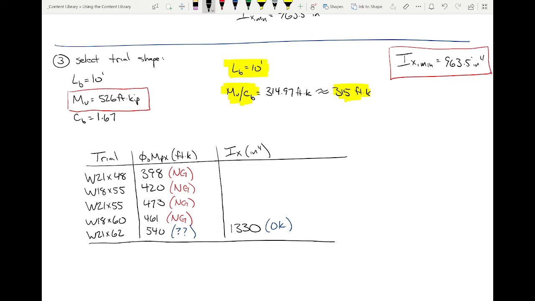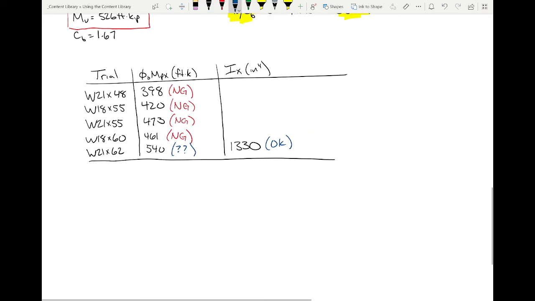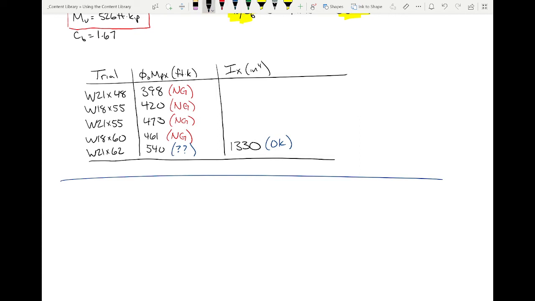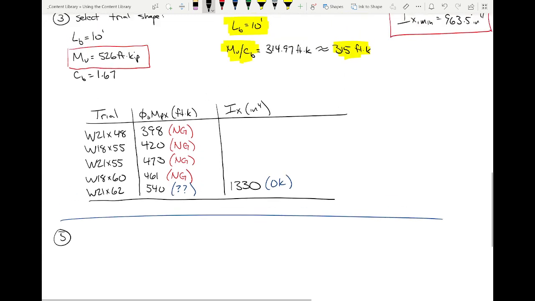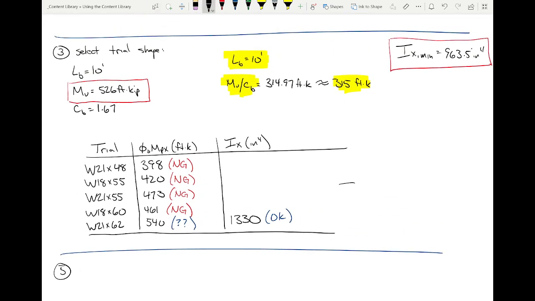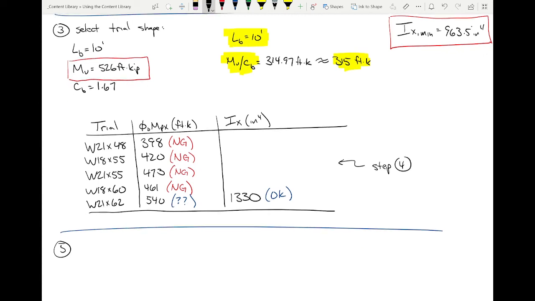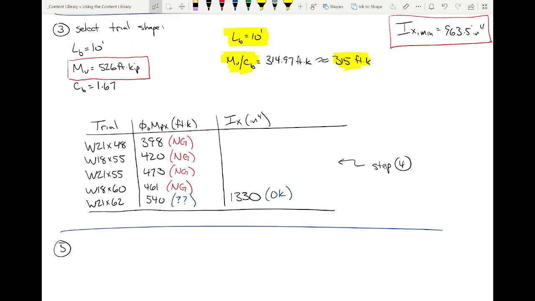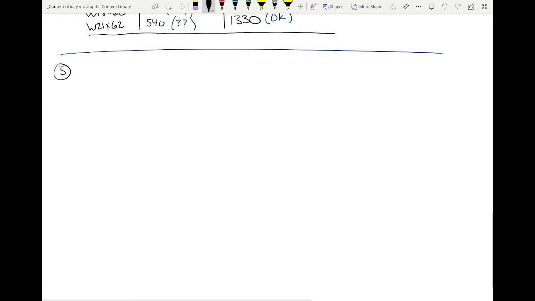All right. So now I would say we have a shape that we can actually feasibly analyze. So we're in step 5. Now, I guess what I should mention is that this is also kind of step 4, because what we're doing is checking the moment of inertia for our given trial shape. So now we'll analyze the W21 by 62.